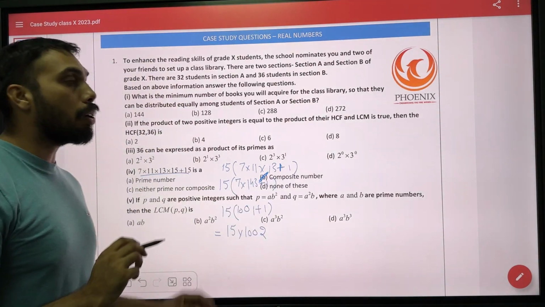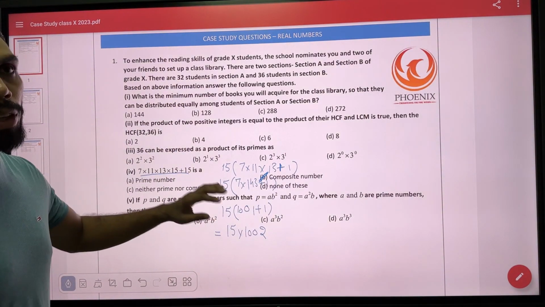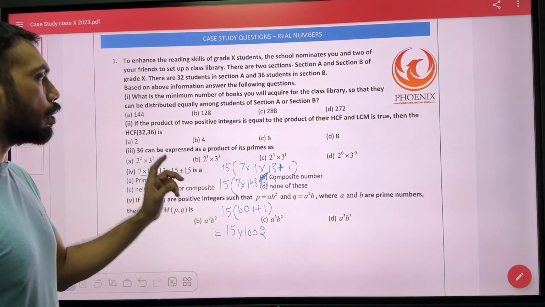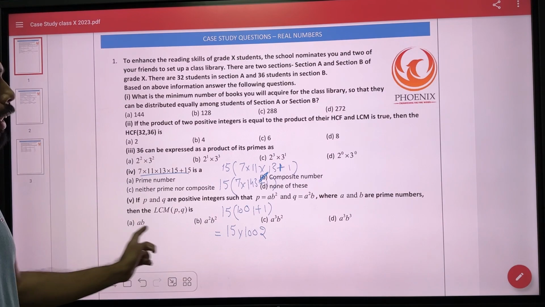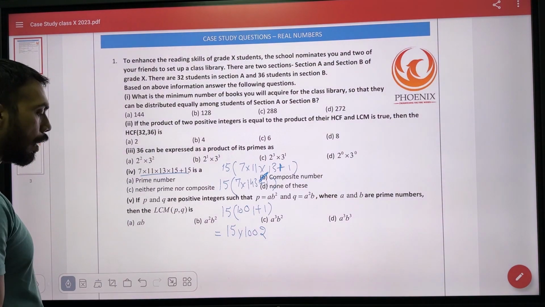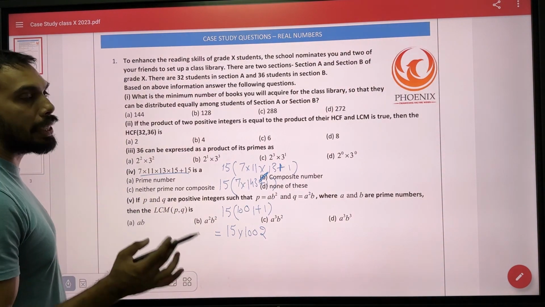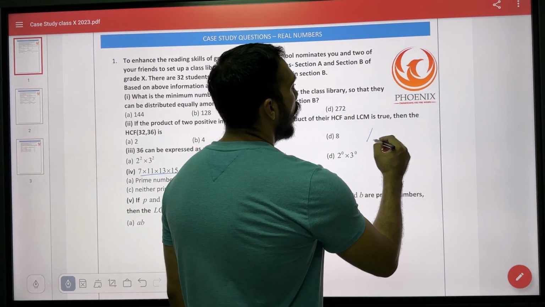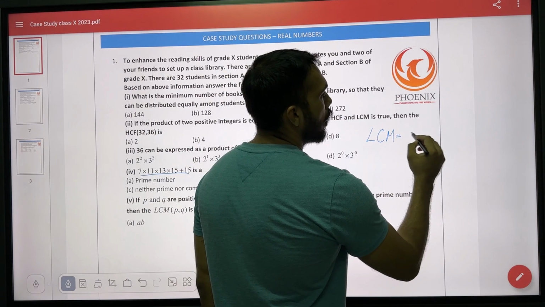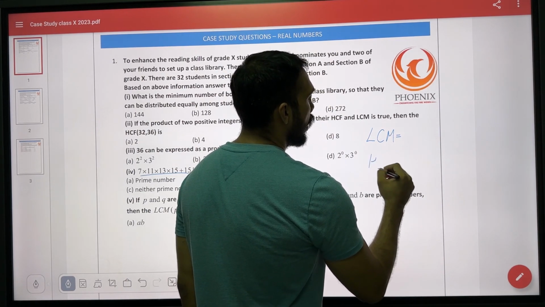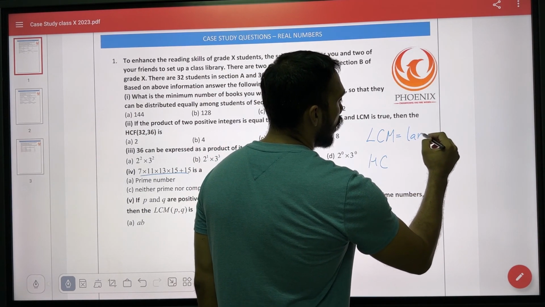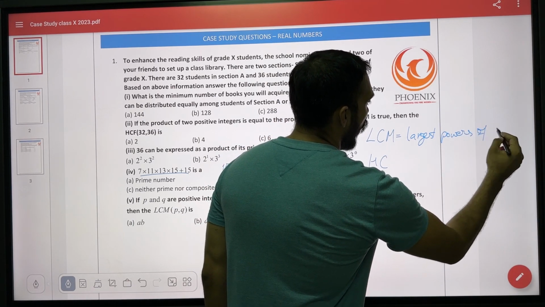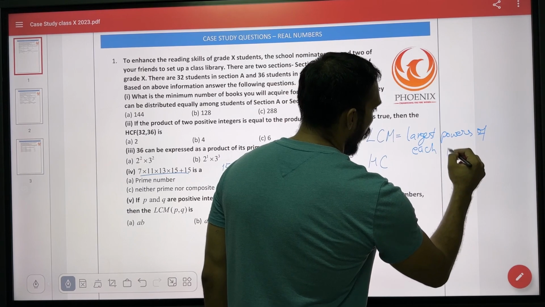So this particular case study is not that difficult. It's a straightforward question based on the properties of HCF and LCM. So just try to solve it on your own and then look at the answer. Similarly, we have the last part of the question. If we know the trick to solve it, for LCM we always pick the largest power of the prime numbers.